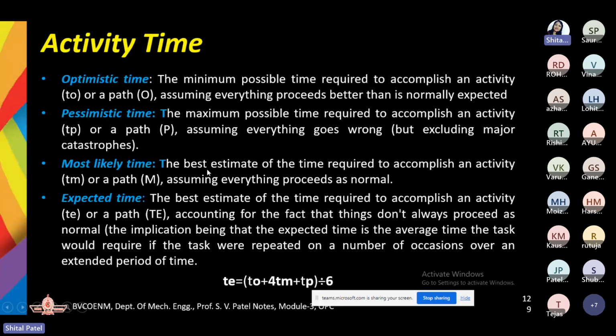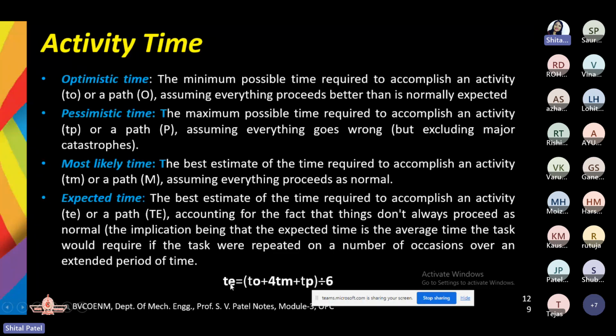Most likely time means normally most of the time this activity has been completed. We are interested in the expected time. So here expected time is given this particular symbol TE. TO is optimistic time, 4 times TM the most likely time, plus TP the pessimistic time, whole divided by 6, is going to give you the expected time.